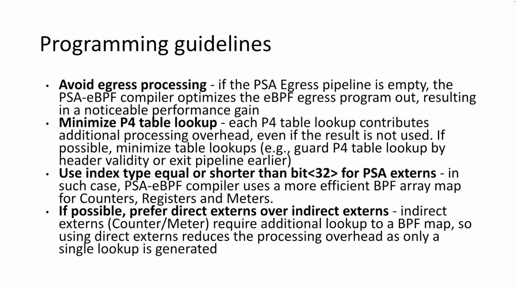And finally, if possible, prefer direct externs over indirect externs. The indirect counter and meter require an additional lookup to the eBPF map. So using direct externs reduces the processing overhead and might make your programs more efficient.